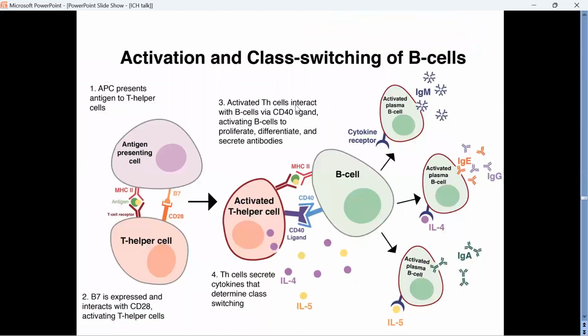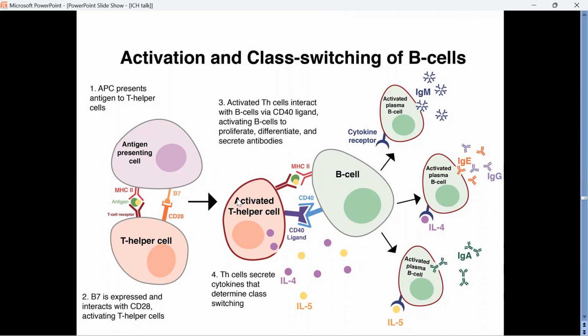So this is a typical case of a disorder of B cell class switching, which can happen in either hyper IgM syndrome or in cases of CVID. So cases of hyper IgM and CVID can show disorders of class switching. From the initial point, I was saying you need T cells for the activation and functioning of B cells, only because of this.